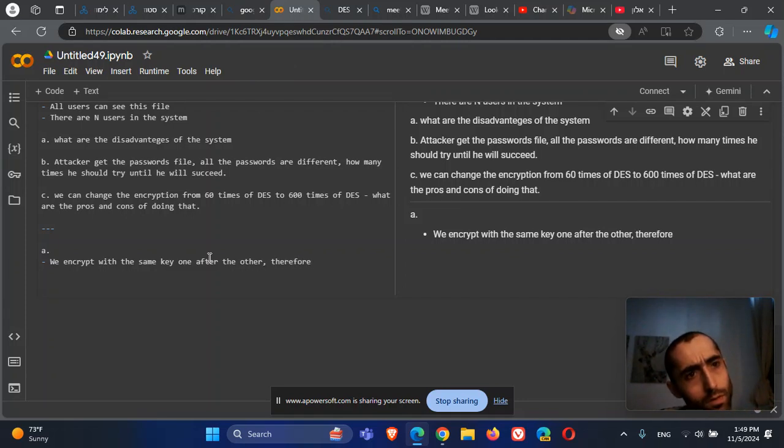Therefore, if I put a message in the middle, what will happen? C equals E_k of E_k of P, D_k of C equals E_k of P, and D_k on D_k.